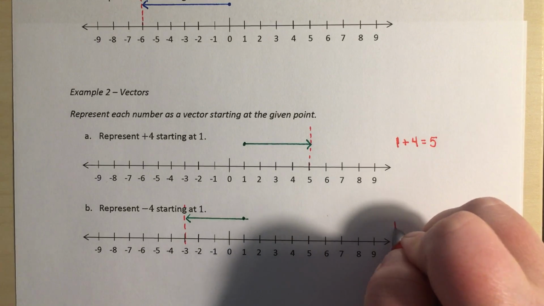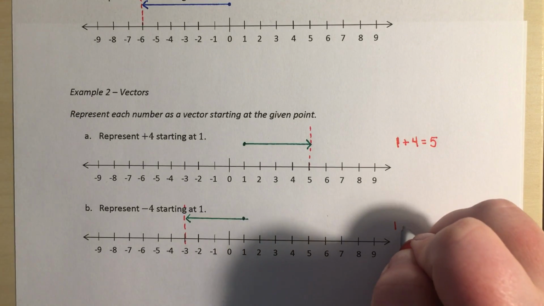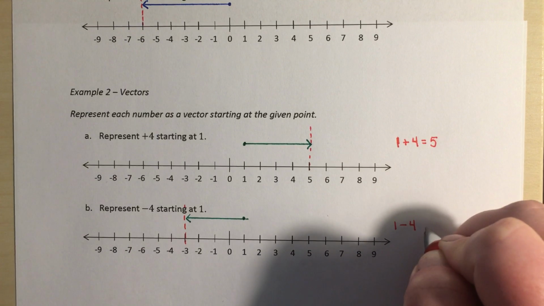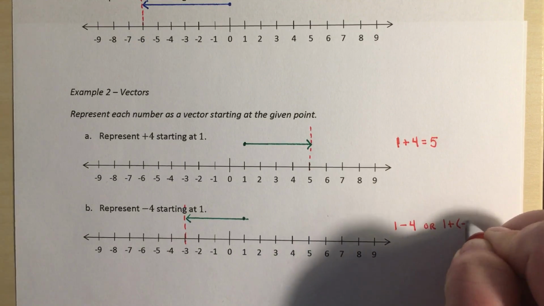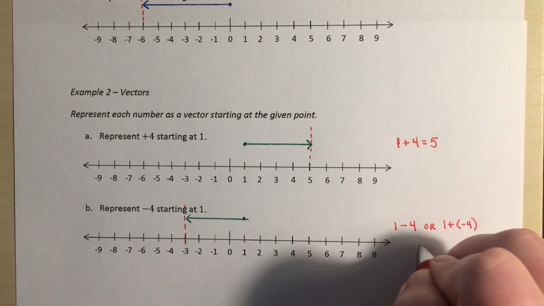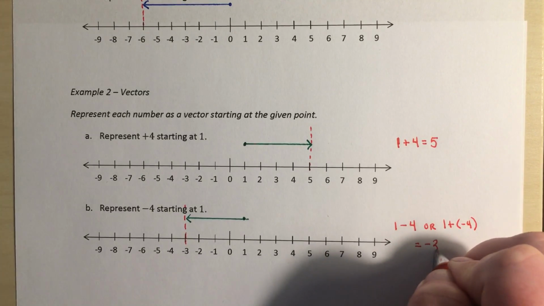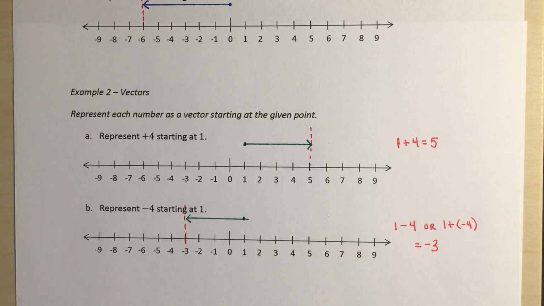Now, if we go this way, we have 1 minus 4, or we could write it as 1 plus -4. Either way, we stopped at -3. And this idea of using our vectors and moving left and right is going to give us a way to do our addition of our signed numbers.